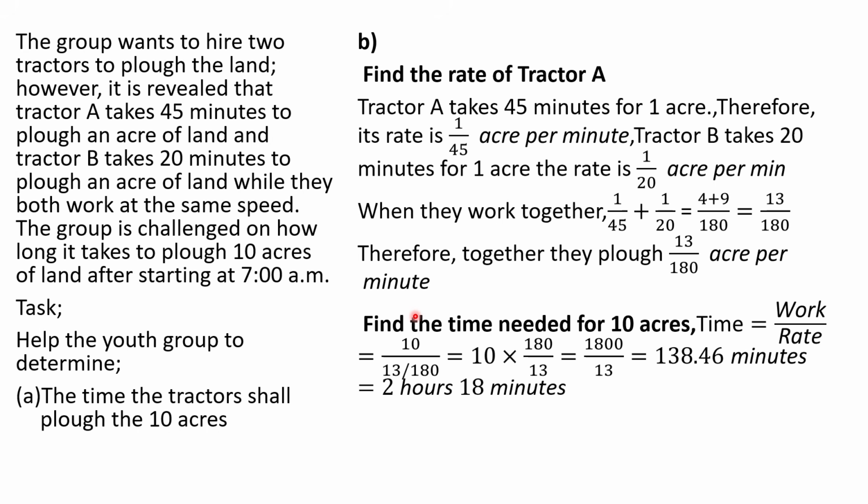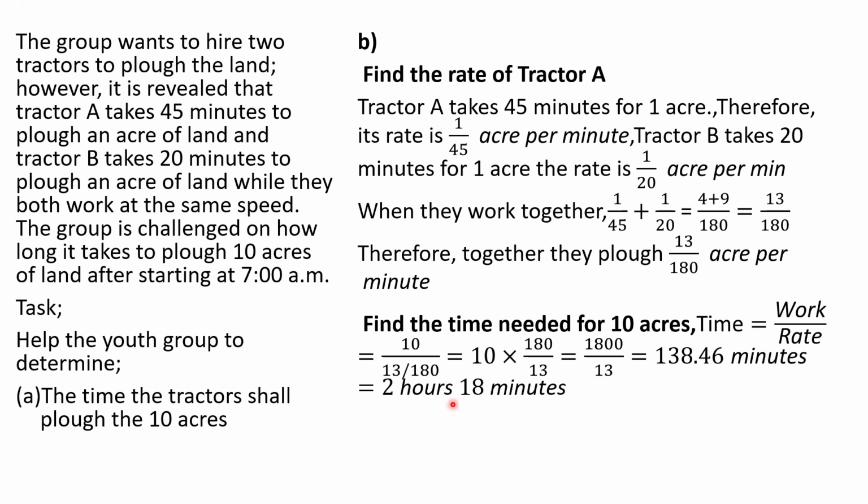Now come, find the time needed for 10 acres. Now, when we are finding time, if we had only one job, assume we had only 1 acre, we would have had 1, because we have 1 acre. So it is 1 divided by the rate per minute. So now that here we have 10 acres, we shall have 10 divided by the rate here.